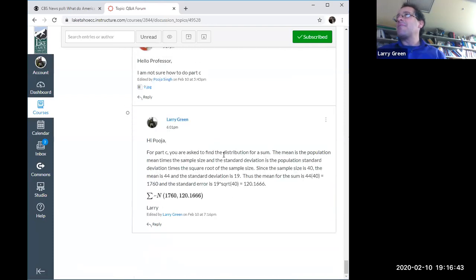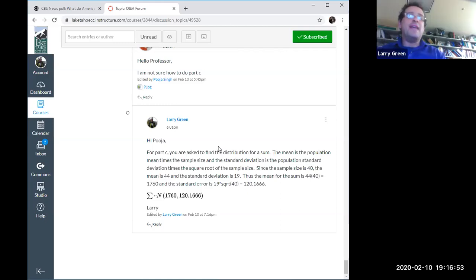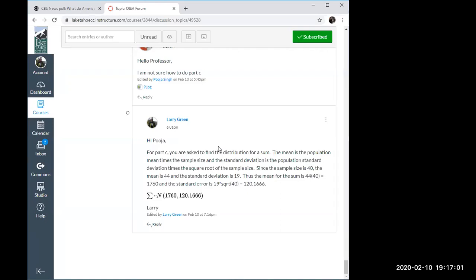Got it. So that symbol is just pretty much saying the sum. Yes, that's the math symbol to say add them up or find the total or find the sum. So it's not necessarily saying to add them up, but to find the sum because we are multiplying to find the mean and the standard deviation.